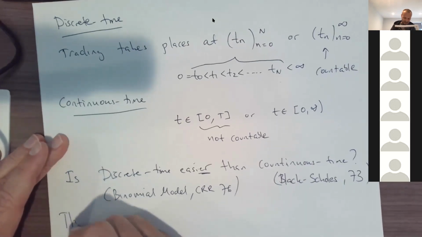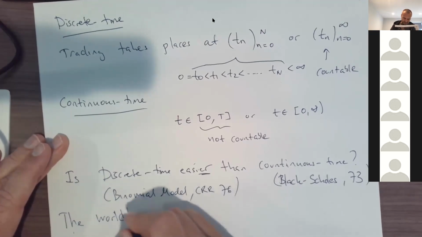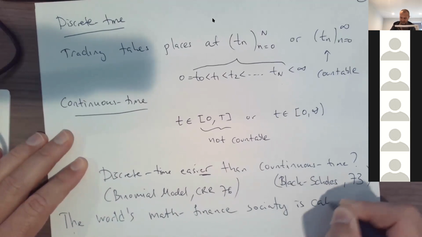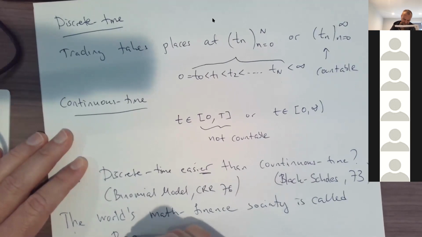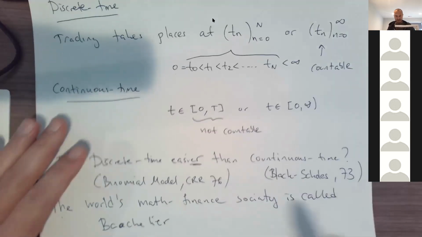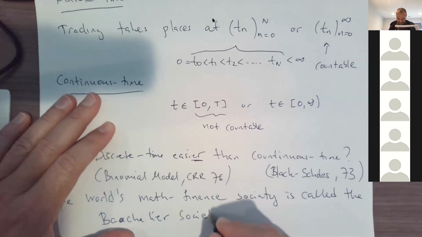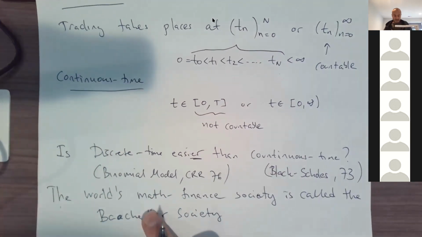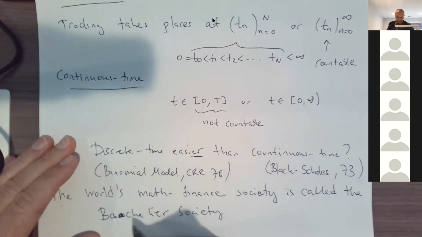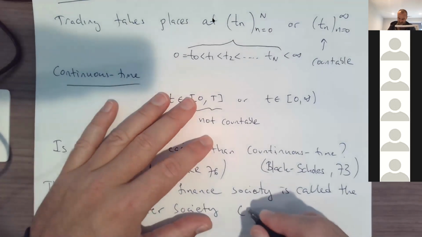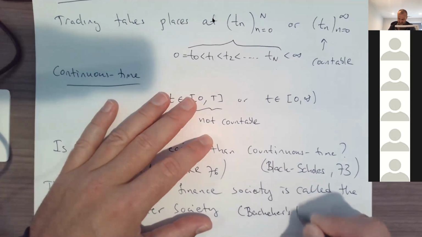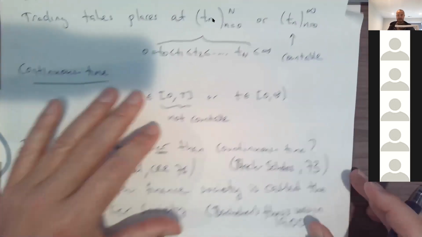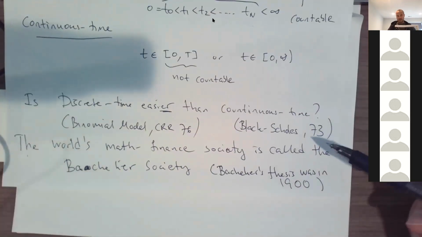The world's math finance society is called the Bachelier Society, B-A-C-E-L-I-E-R. Bachelier wrote his thesis in 1900.